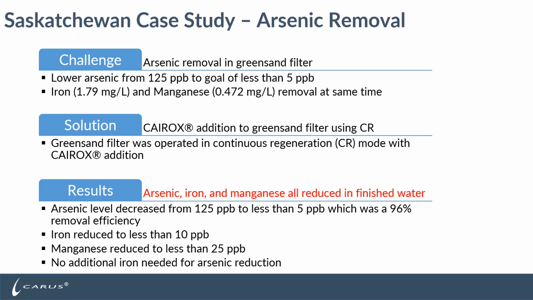The results were very effective. They showed 96% removal of arsenic from 125 parts per billion down to 5 parts per billion. And again, iron and manganese were also reduced to very low ppb levels without the need for additional iron coagulation.